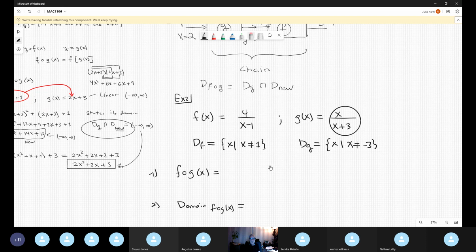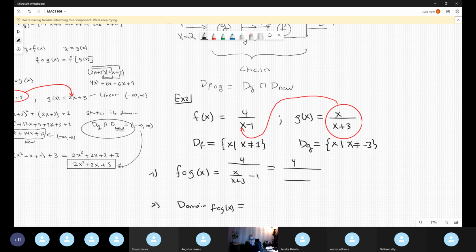I try to use another color, a red color. Substitute here in the other function. Entonces, we copy 4 over x over x plus 3 minus 1. Are you following? Okay, I try to do my best here, algebra. 4 is 4.